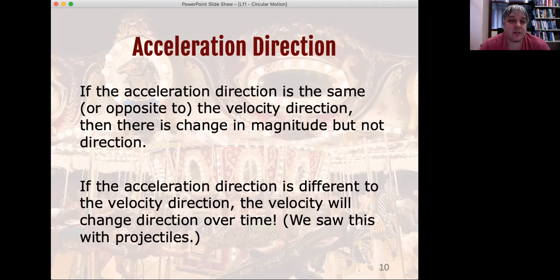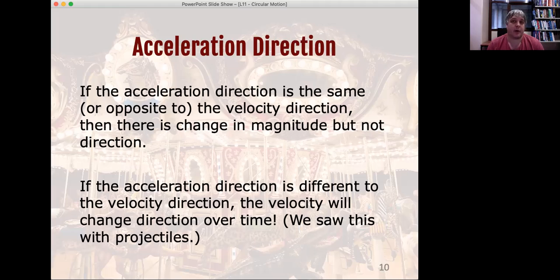But if the acceleration direction isn't the same, then we're not just going to change the magnitude of the velocity, we're going to change the direction. In that previous example, and in most of the examples we've seen so far in the course, we've talked about acceleration and velocity in one direction. With projectile motion, we would break it down, but we'd still just consider the velocity in that vertical direction and the acceleration in that direction.